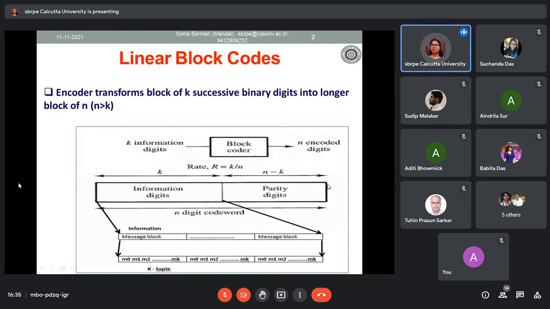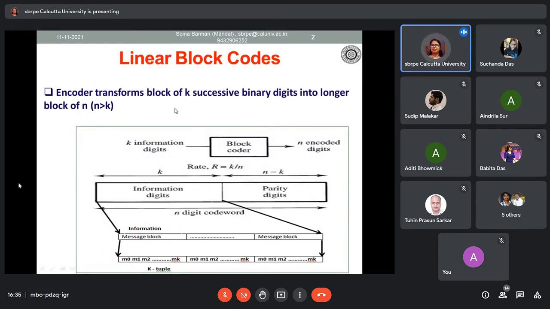k is the number of message bits, n minus k is the number of redundant bits. It is called the parity bit. Generally we consider this as the parity bit.